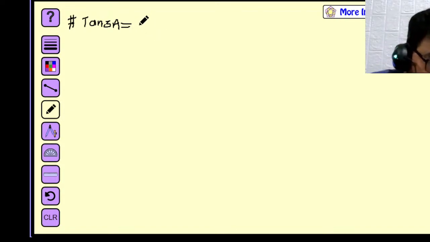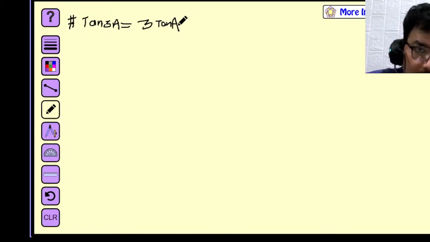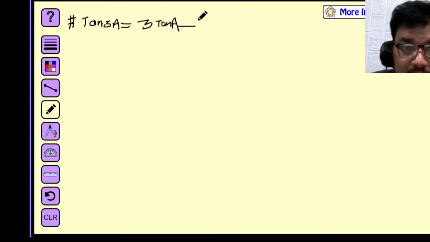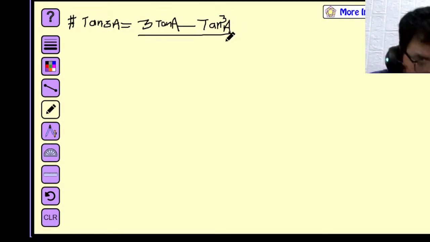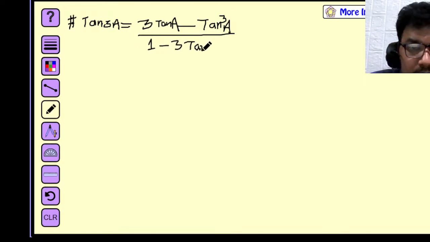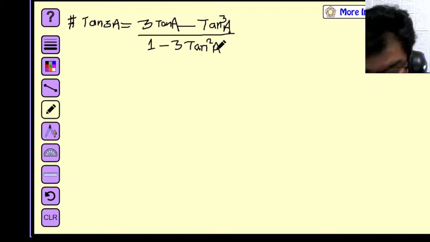Tan 3a equals 3 tan a minus tan cube a, and down there is 1 minus 3 tan square a. How this comes, I want to show you here.